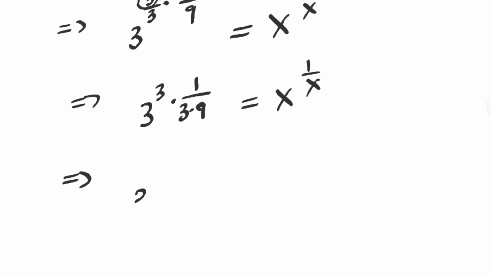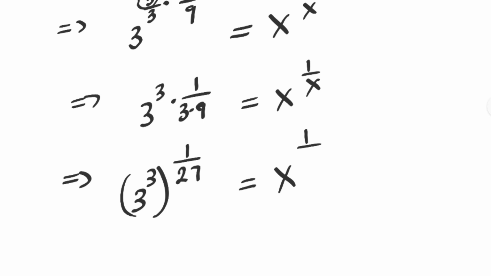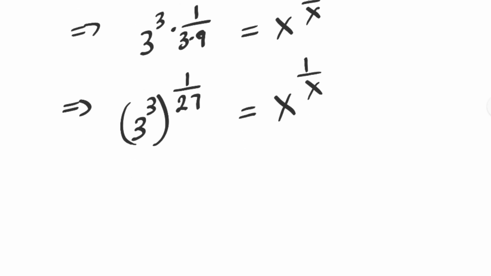This is 3 raised to the power of 3 to the power of 1 over 3 multiplied by 9. This is 27 is equal to x raised to the power of 1 over x.